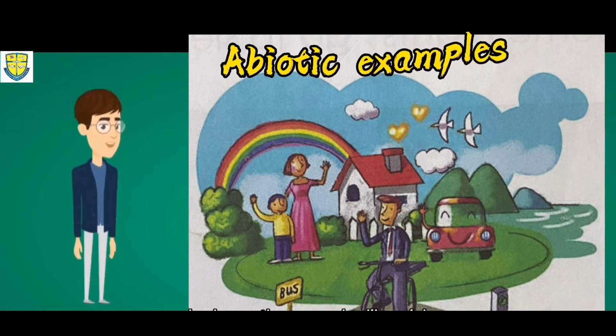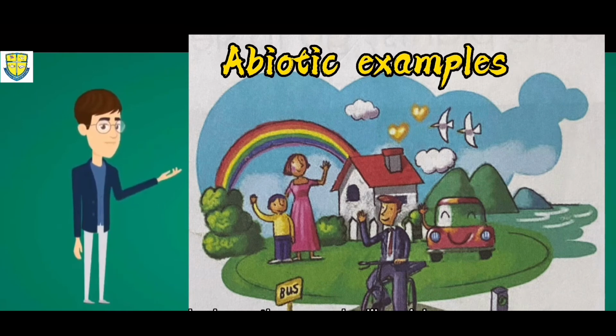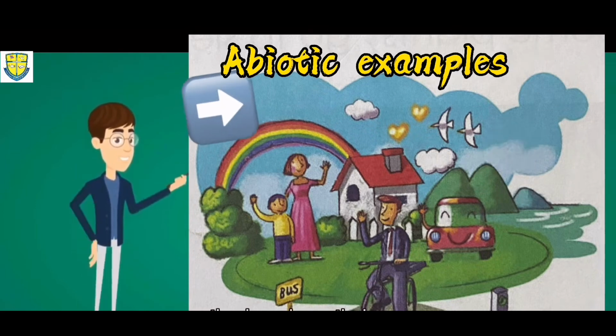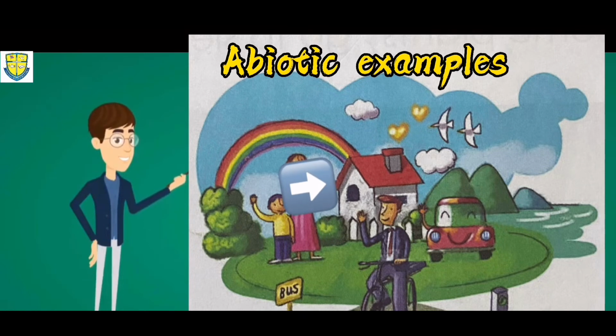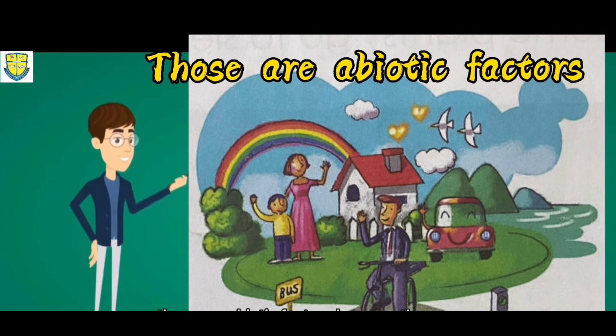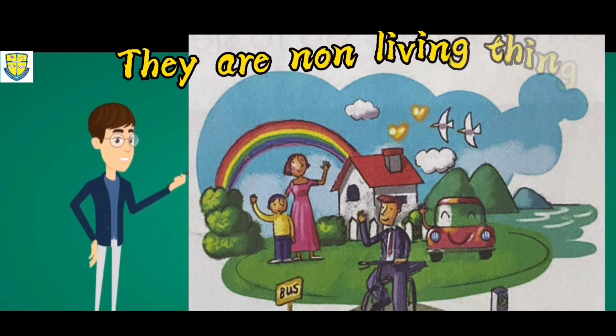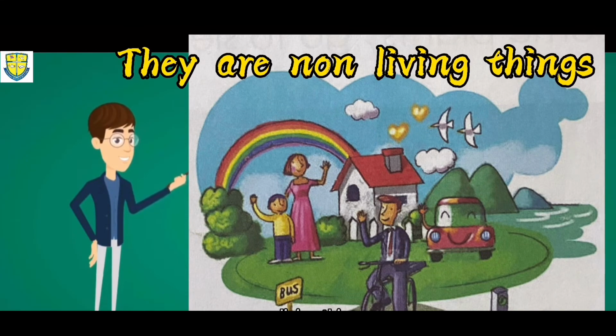We also have other examples like rainbows, clouds, bicycles, mountains, the sky, and even the house. Those are abiotic factors because they are non-living things.